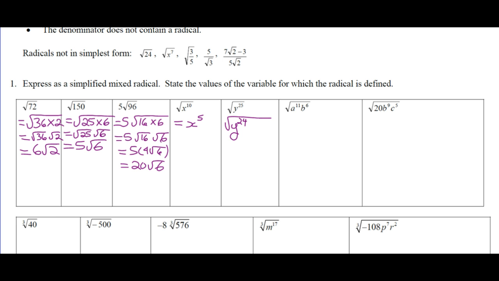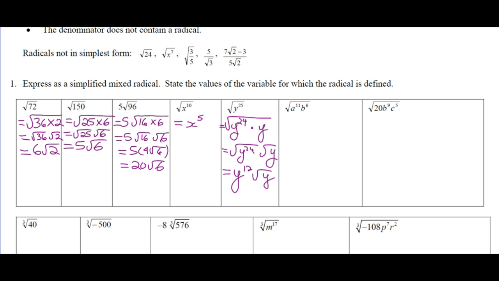For a square root, we want the biggest even power. Then you get this, and then you split it. What's the square root of y to the 24th? Y to the 12th, root y. So that's our answer: y to the 12th, root y.